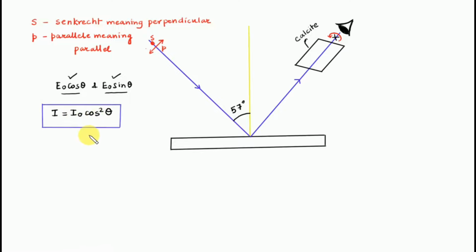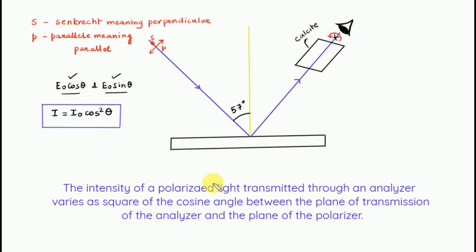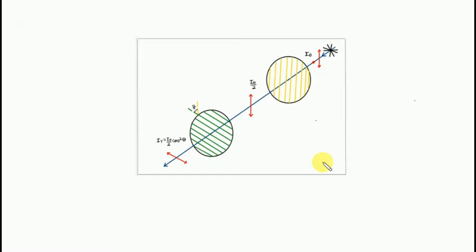Malus law can be stated as: the intensity of polarized light transmitted through an analyzer varies as the square of the cosine of the angle between the plane of transmission of the analyzer and the plane of the polarizer. So Malus law, that is the variation of the intensity of light with the angle of the transmission planes, can only be seen for polarized light. When you pass unpolarized light through a polarizer, the intensity of light is reduced to half, and its intensity will not change on rotating the polarizer in a plane perpendicular to the direction of propagation.